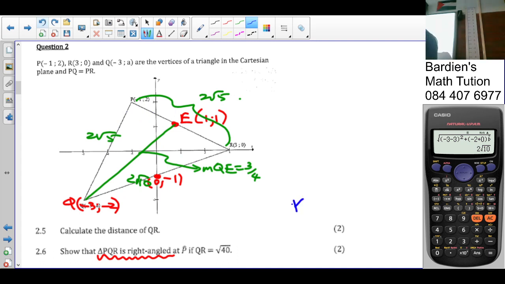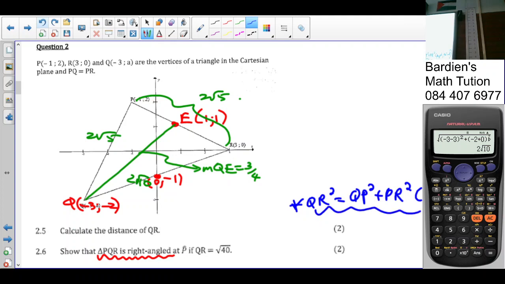We could have said QR squared is equal to PQ squared plus PR squared, with angle P being 90. But since we are not told it's a right angle triangle, we must prove it. So how do we do that?